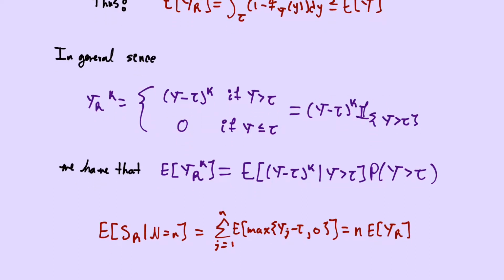That is what we want, and using this, it is not very difficult to justify that the expectation value of the random variable Y^R elevated to the k is equal to the conditional expectation of (Y minus tau) elevated to the k, conditional on Y being greater than tau, times the probability of that event.